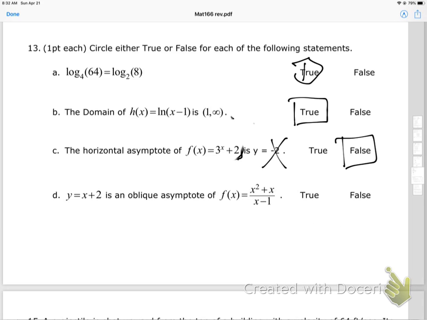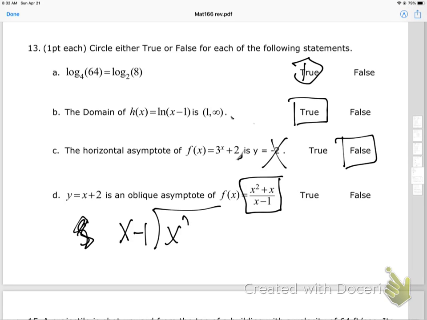Now an oblique. x plus 2 oblique. To do oblique or slant asymptotes, you literally do have to do a division. In other words, x minus 1 into x squared plus x. Or if you like synthetic division, you are doing 1, and then with a 1x squared, a 1x, and no number at the end.